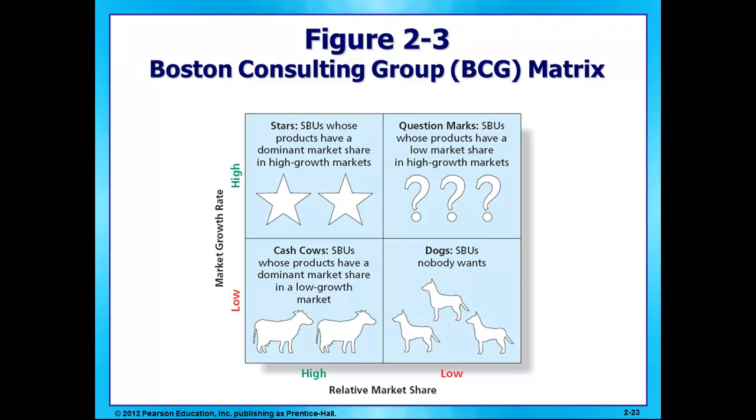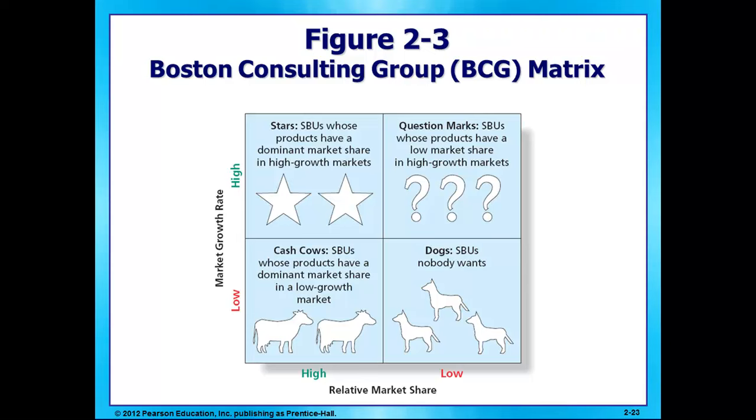If we go above the cash cow in the portfolio matrix, what we see is a star. Stars are in industries where there's a very high growth rate and the company has a high market share. An example of this might be in the tablet market with the Apple iPad. In this particular case, the iPad has a dominant market share in a market that continues to grow very rapidly.